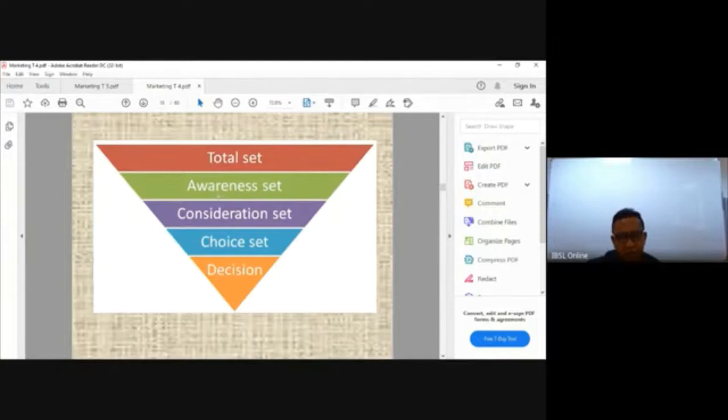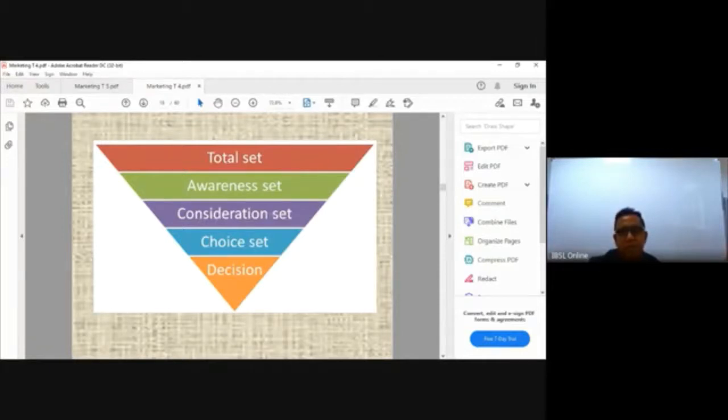But out of those brands, we are aware of a certain number. Say in the market there are 25 brands of TV, and you as a person are aware of only 15 or 10 brands, and out of that you want to consider, say, 5 brands. That's called the consideration set.